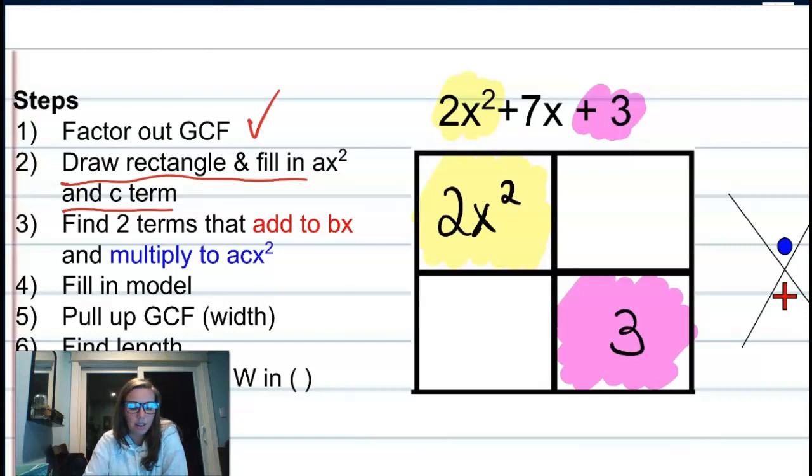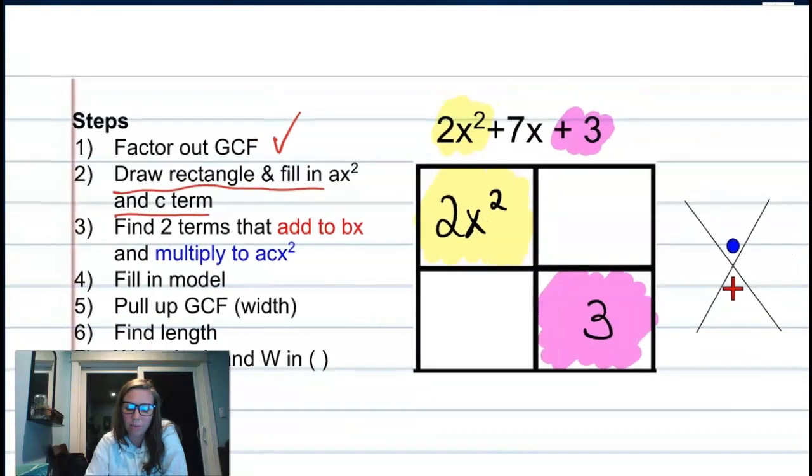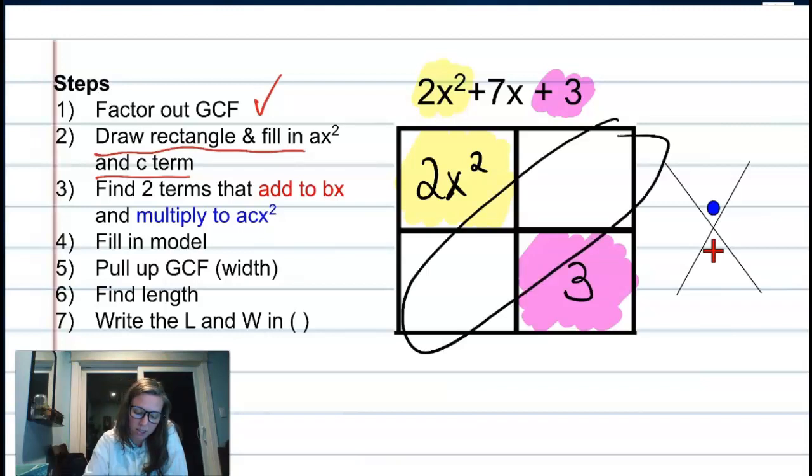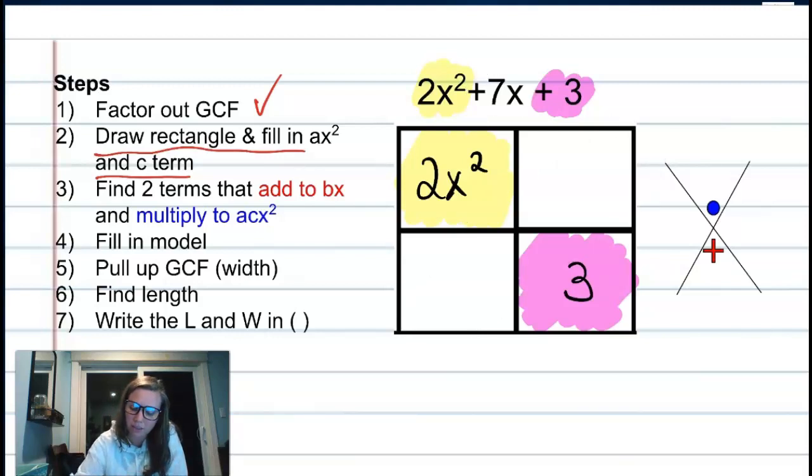All right, the middle term is the one that we have to come up with, and we can use that template to help us. We want something that is going to add together to the bx term. So we want something that when I add them together, I get 7x. So that's how I'm going to fill my template out. So it's going to add to 7x.